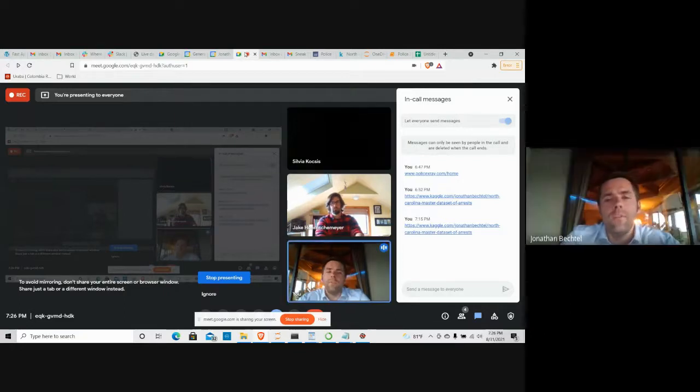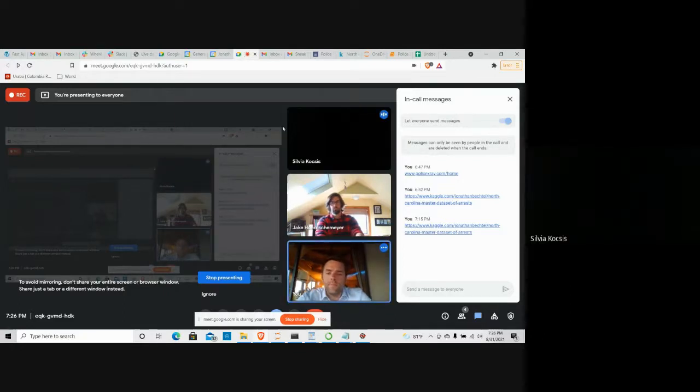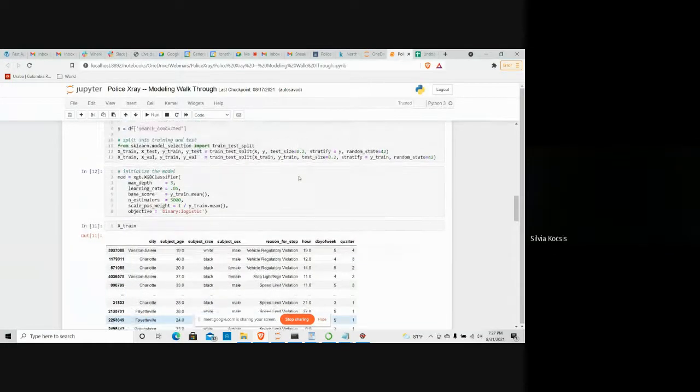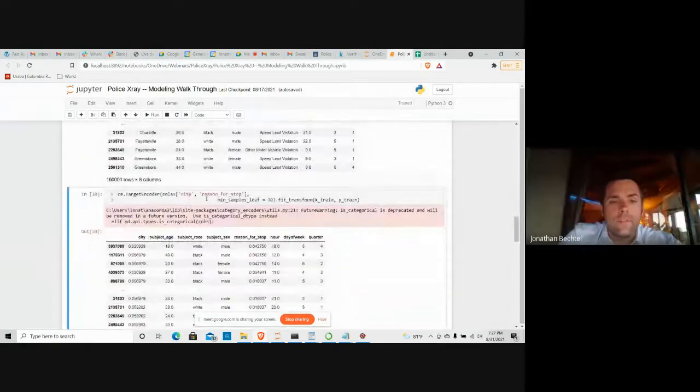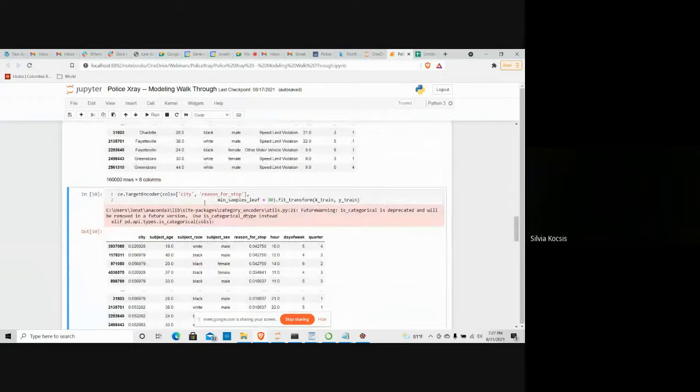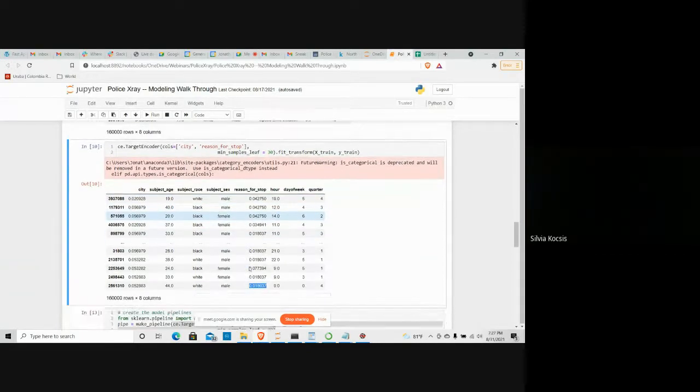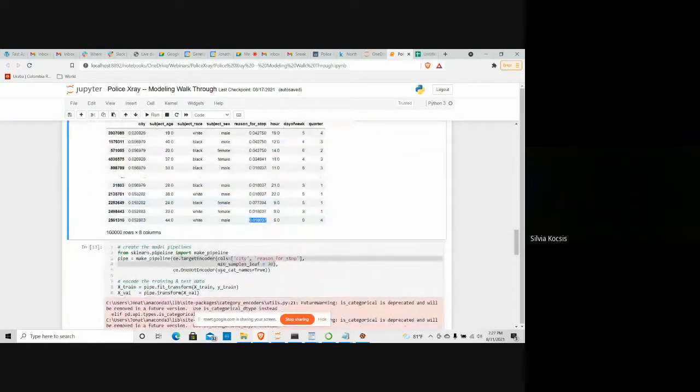Okay, repeat that question, Sylvia. When I'm looking at the parameters for target encoding, I see only city and reason for stop. I think we are changing this column to something better, basically transforming it according to the average search rate for each of these 2 columns. And where are we setting the name of the column for the average value?